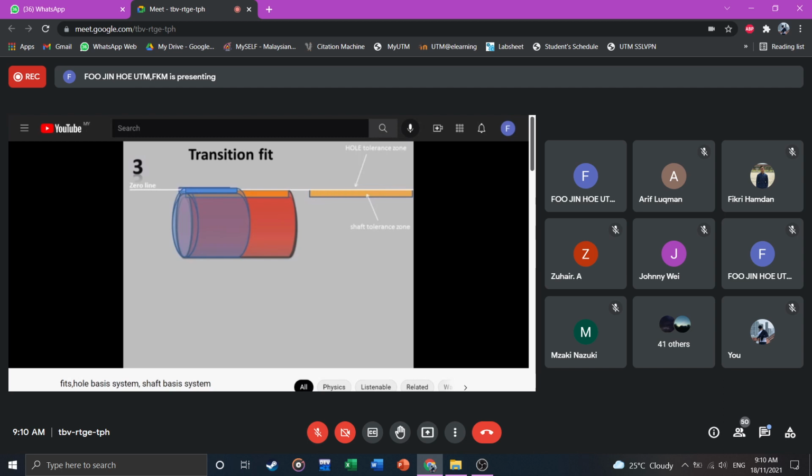Now you can see the tolerance zone of the hole is overlapping the tolerance zone of the shaft. In this example, the tolerance zone of the hole is partially overlapping, but it may overlap completely or partially. Overlapping ensures the possibility of both clearance fit and interference fit.